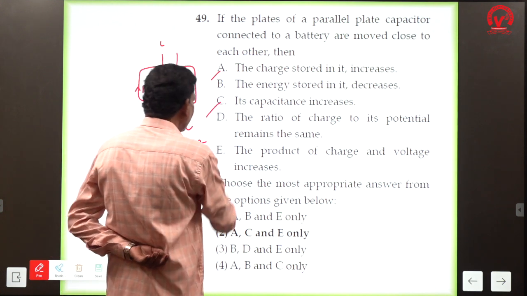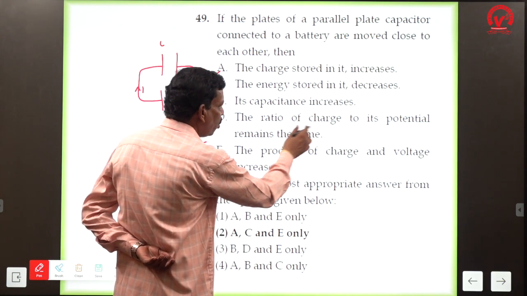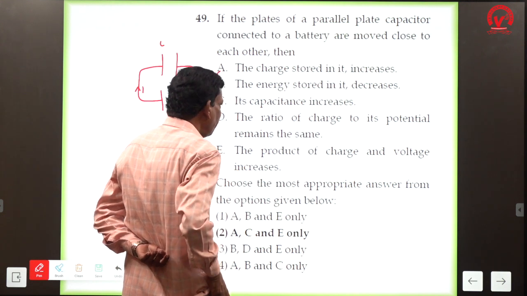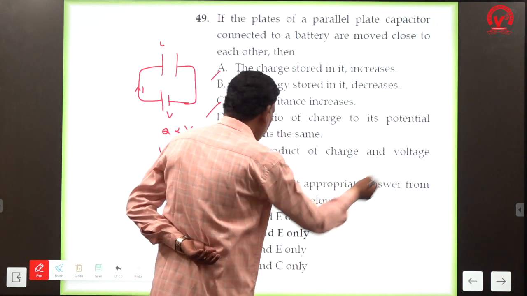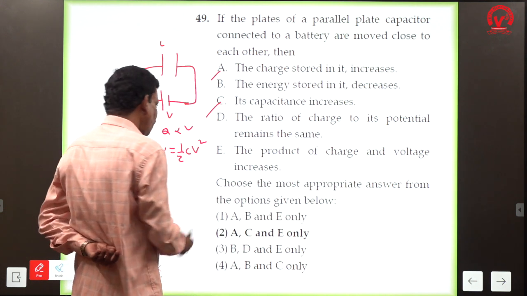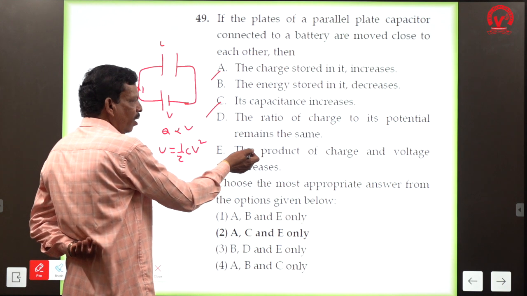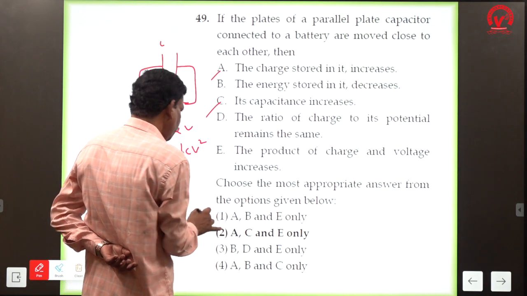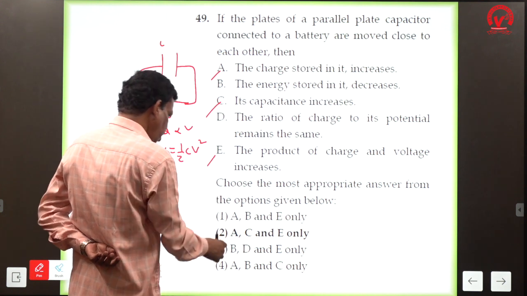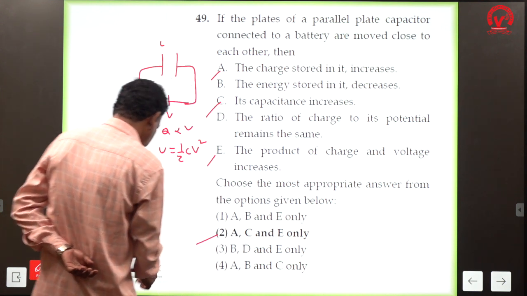Next, the ratio of charge to potential remains the same. It is also wrong. The product of charge and voltage increases. So ACE is the correct answer.